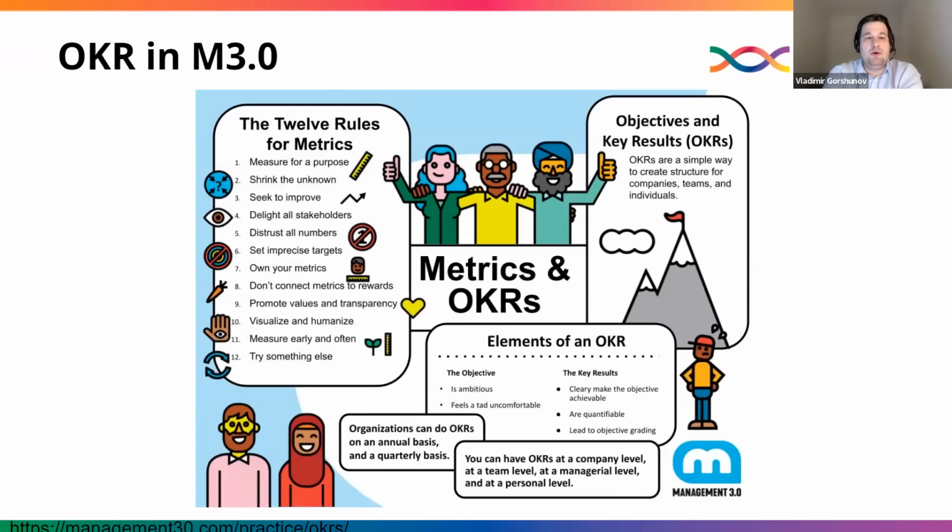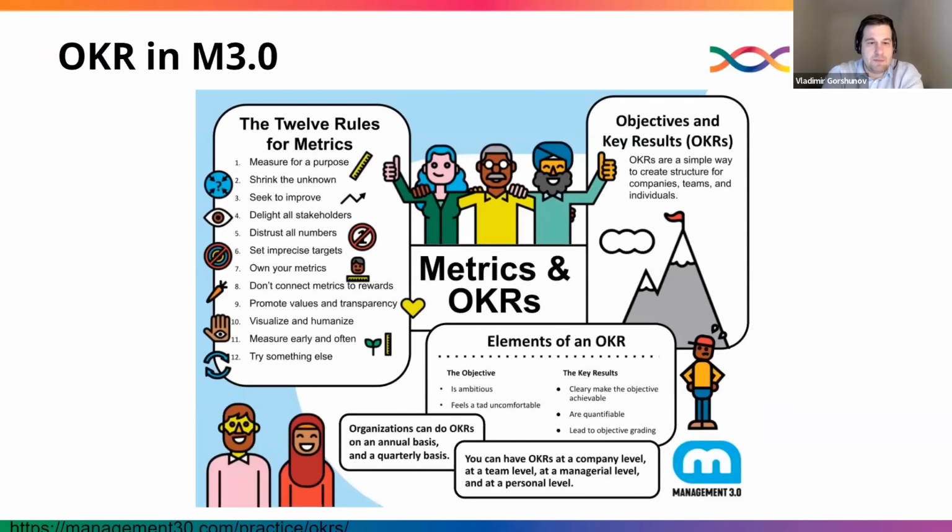At the same time, OKRs are also one of the practices from Management 3.0. So Management 3.0 also encourages having OKRs as an element of healthy metrics, and also talks about metrics ecosystems, like the 12 principles of metrics ecosystems.